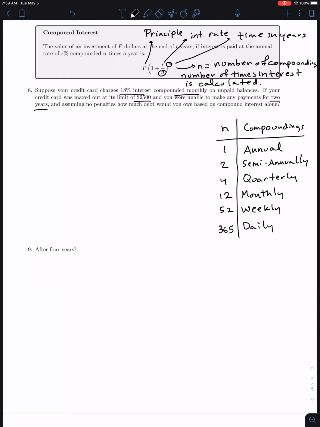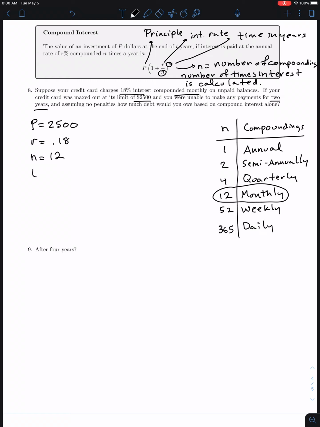So again, let's write down all the main stuff that we're interested in. The amount that we owe the credit card originally is $2,500. Our interest rate is the 18%, or in decimal form 0.18. The number of compoundings, since it's monthly, is going to be 12.